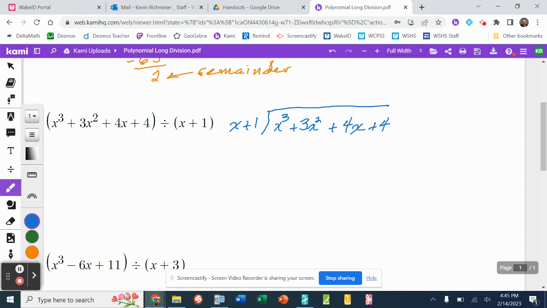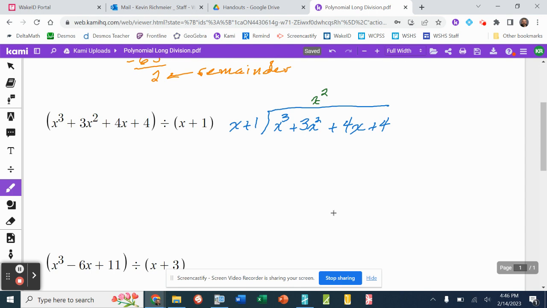And the answer to that is I would need to multiply by x squared. Now, once I decide on what I'm going to multiply by, I need to make sure that I line it up above its corresponding term in the dividend. So for instance, if I'm going to multiply it by x squared, this needs to take its place over the 3x squared.